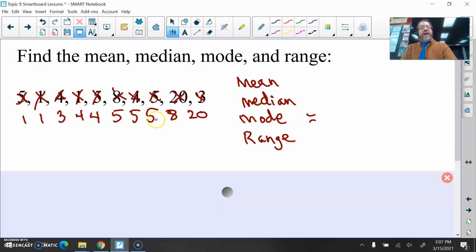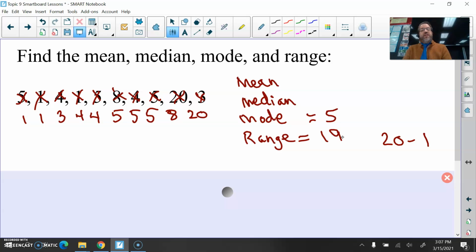We have 3 5s in the data set. No other number appears as many times as that. So my mode here is 5. To find the range, take the high number, 20, subtract the low number, 1. 20 minus 1 is 19. That's a very large range. You can't get much larger than that in this particular data set, with 20 being the high number.